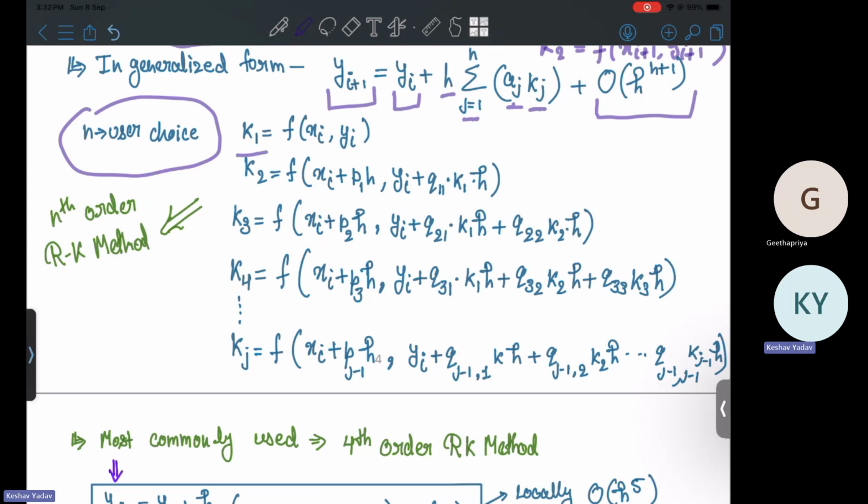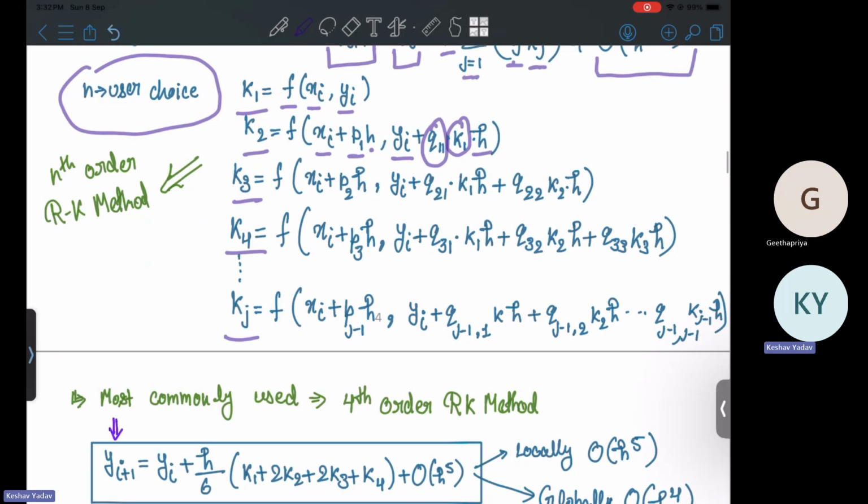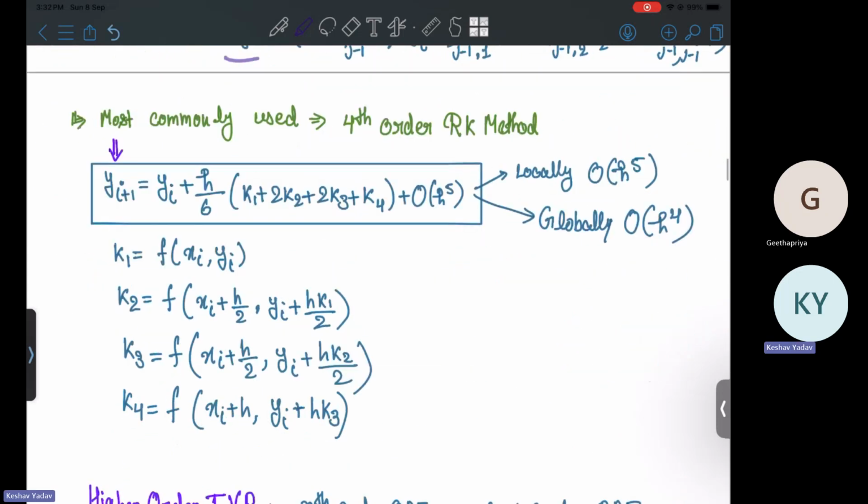So k1 will be the function at x i, y i, and k2 will be the function at x i plus some p1 multiplied by h, and y i plus some factor of k1 included, and h. Similarly, k3, k4, and k j can be defined in general. This is called the nth order Runge-Kutta method.